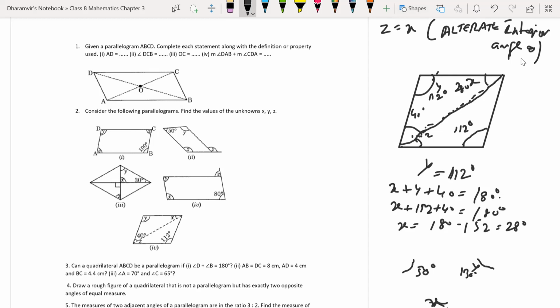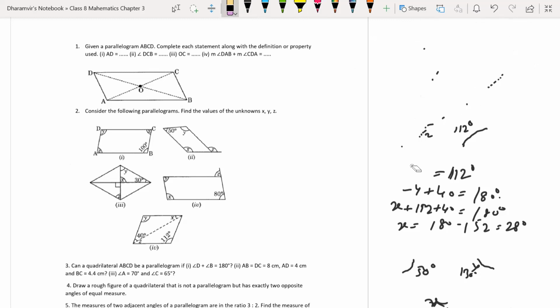X is 28, hence Z is 28. So this is the complete solution for the second question of exercise 3.3 of chapter 3, understanding quadrilaterals.